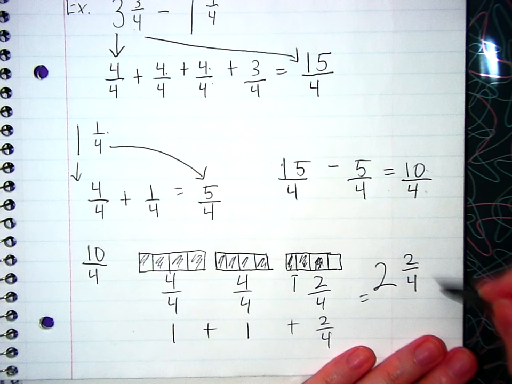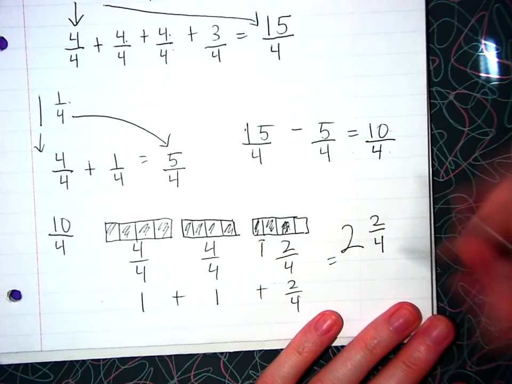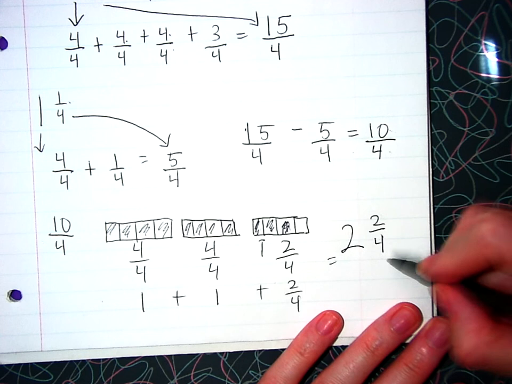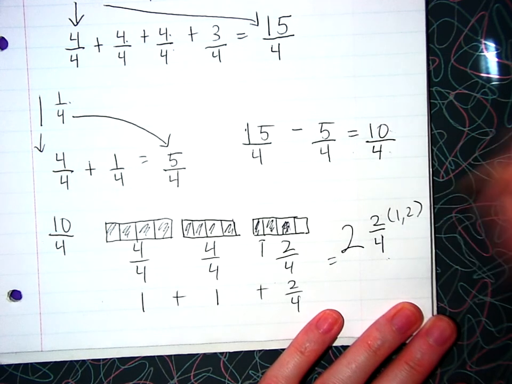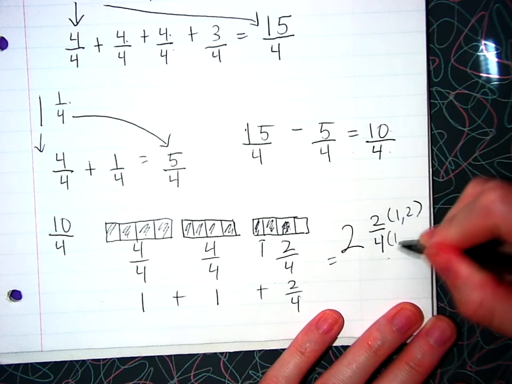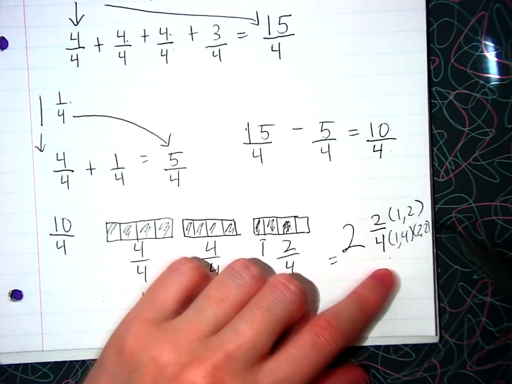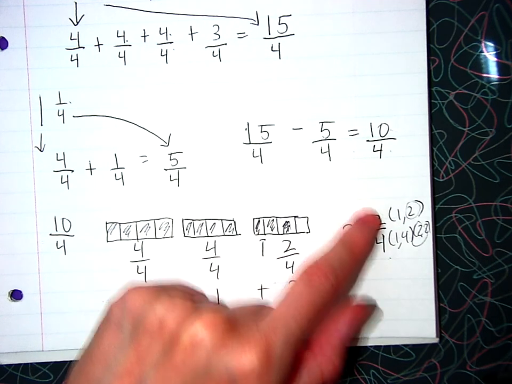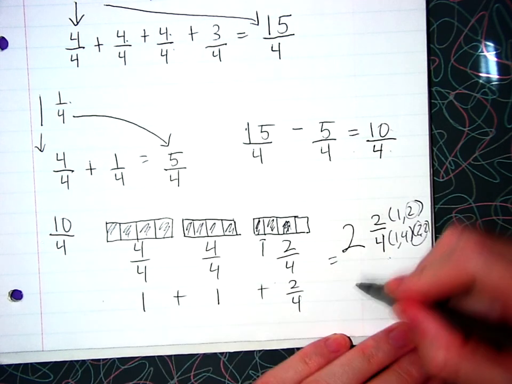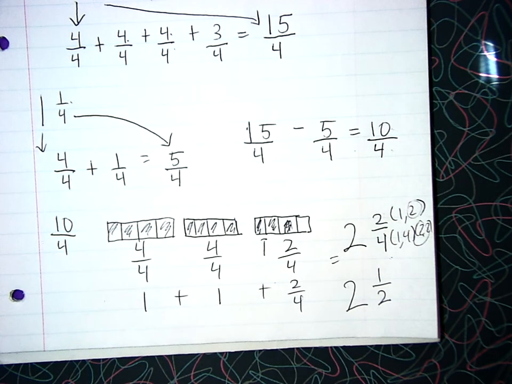But same thing with any fraction, you always have to check if it's in its simplest form. So let's quickly look if 2 over 4 is in its simplest form. So I have 1 and 2 as the factors, then I have 1 and 4, and 2 and 2. So it turns out that it has the greatest common factor of 2, which means I have to divide the numerator and the denominator by 2. So it would be 2 and 1 over 2 in its simplest form.